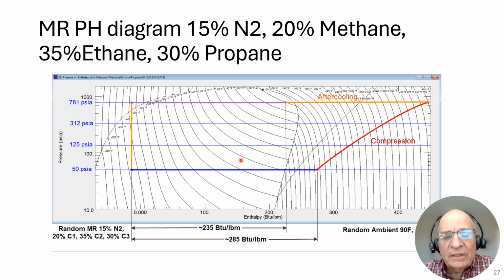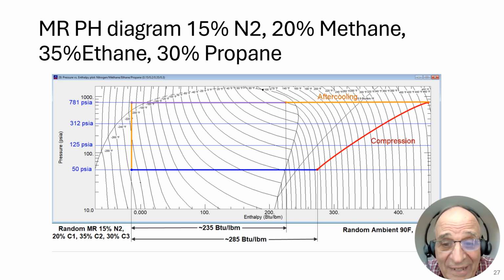How much of this cooling that's available, this is all cooling that's available, how much of this cooling went to make LNG and how much went to chill the MR? This amount went to chill the MR from here to here. So this amount, 235 BTU per pound, went to chill the MR, and 285 total was available. So we have about 50 BTU per pound of the MR that's available for making LNG.